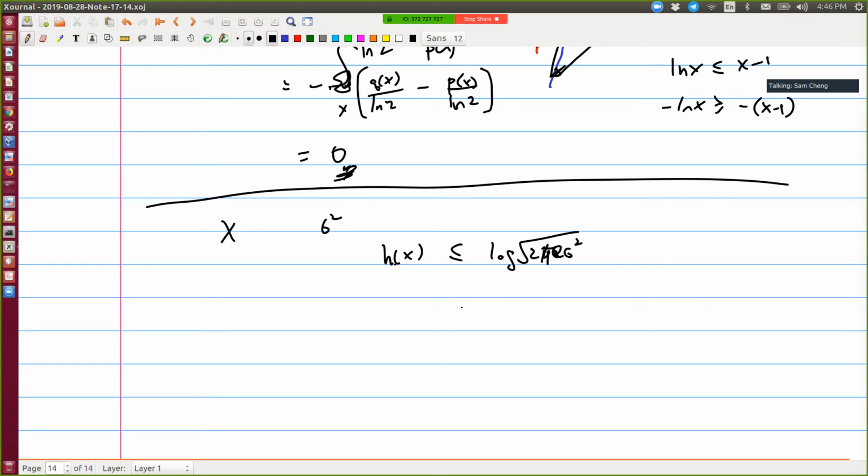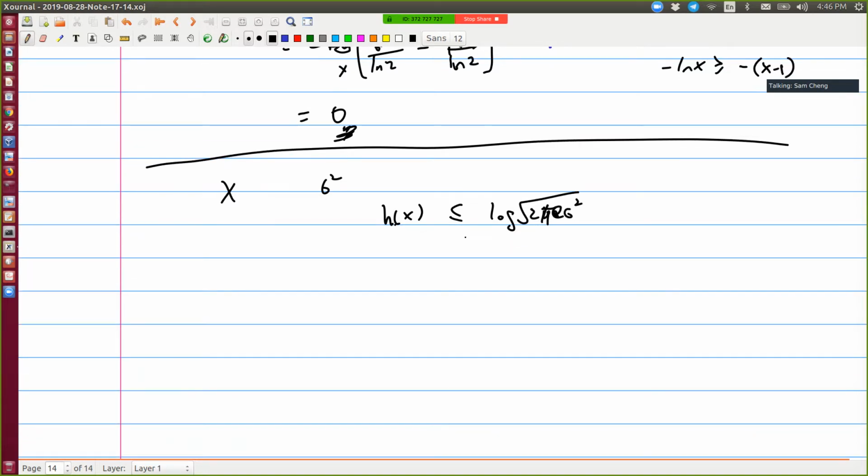But this was just a claim earlier. We didn't show why a Gaussian will have the maximum entropy for a fixed variance. So now we're going to show that. Here we'll show the general case.